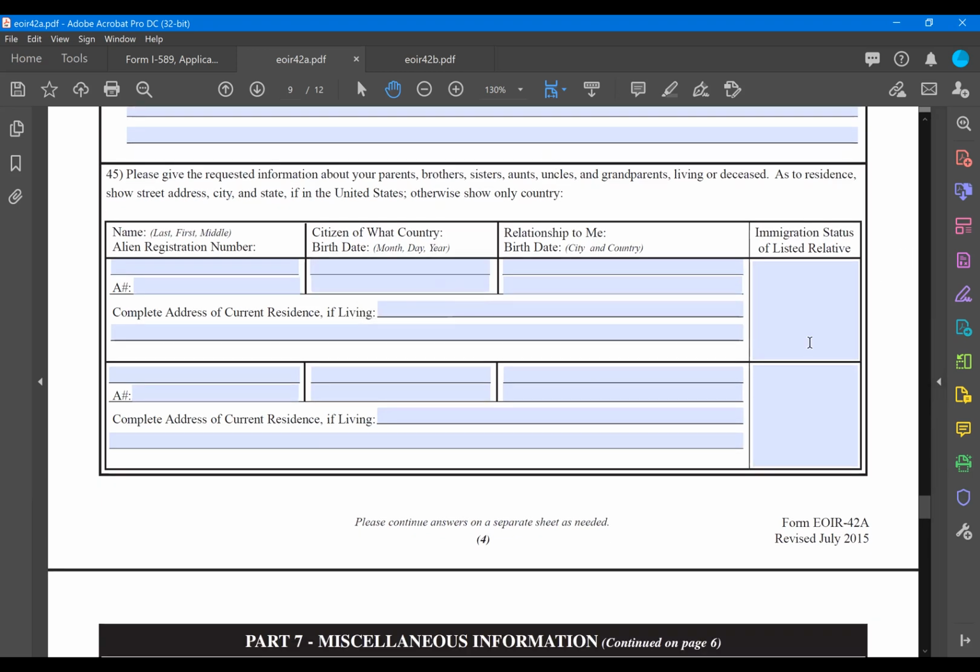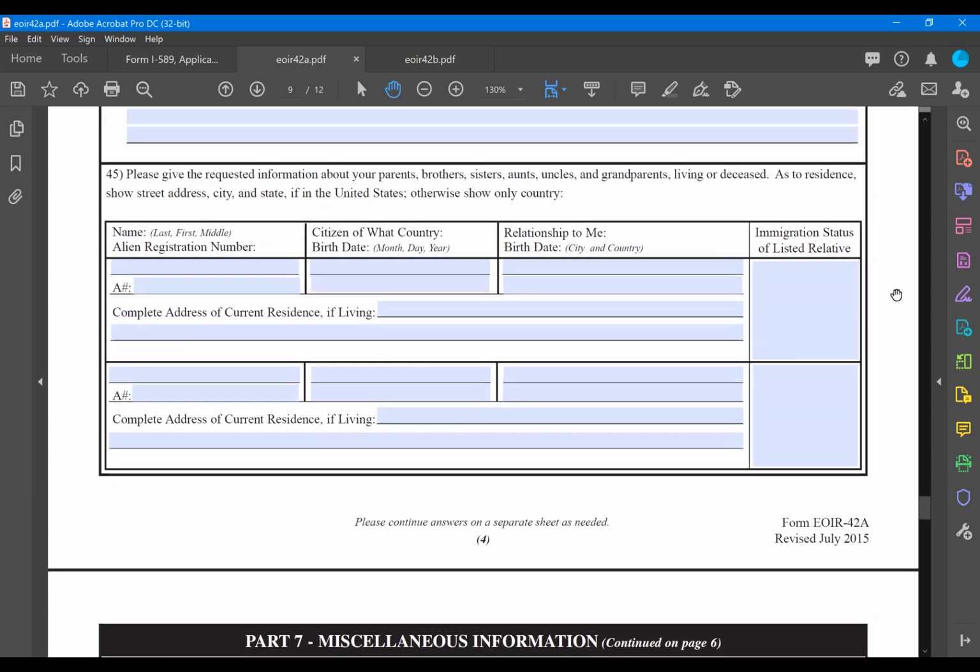So this can be as short as just parents and grandparents, and there are no aunts, uncles, brothers, or sisters. Usually it's going to be much longer than that. There are going to be far more family members, and you're going to need to put all of this information for each family member on an addendum.